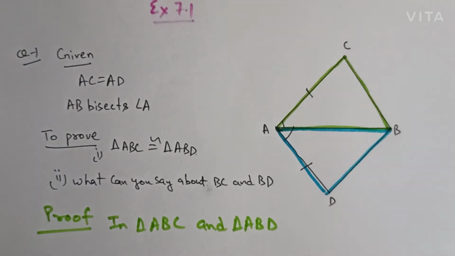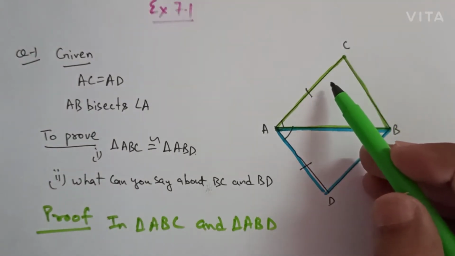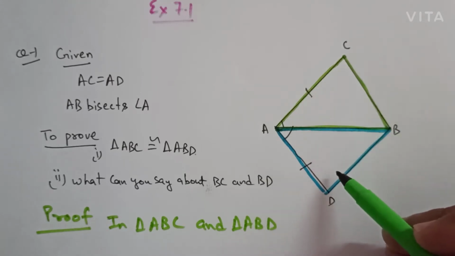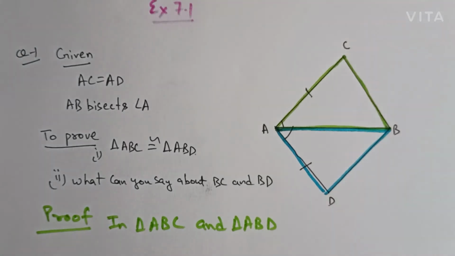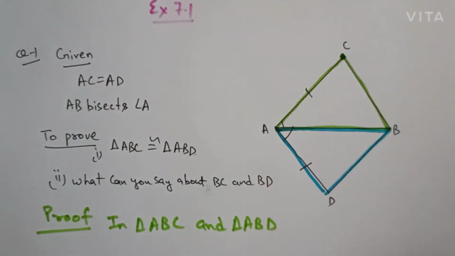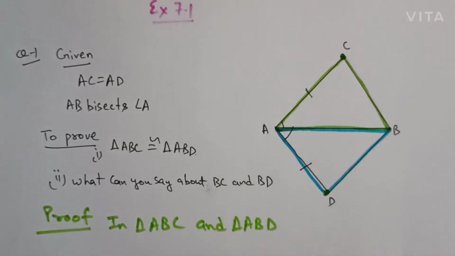So in triangle ABC and ABD, since we have taken ABC first, so we will write the corresponding side or corresponding angle of ABC first, and then followed by the corresponding side and corresponding angle of ABD. So we are starting from vertex C in triangle ABC, and here we are starting from the vertex D in triangle ABD.